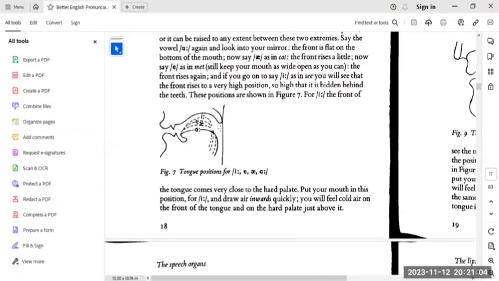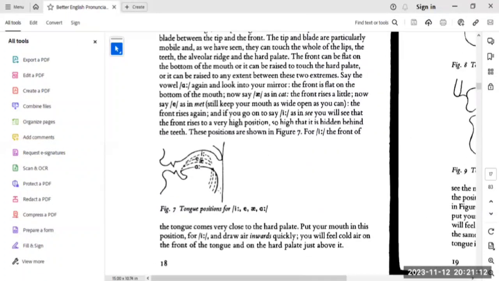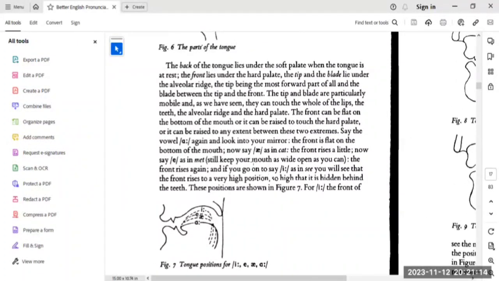So we can make these sounds by the what? By the front of the tongue, right? The front part. There's an exercise here. Okay, here this is an example. If you say it like this, and you look in the mirror, you will see your tongue is flat.